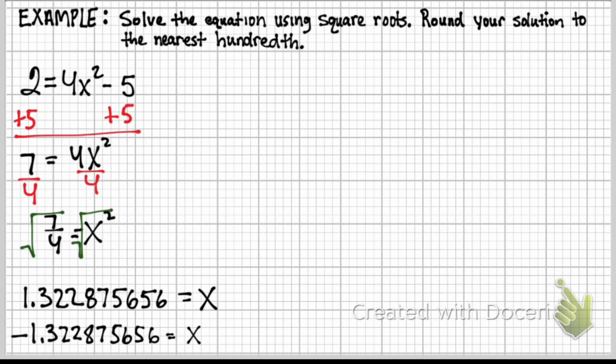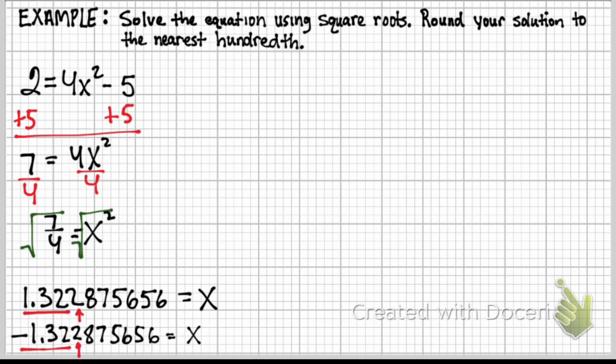Now, in the directions, it says that we need to round those solutions to the nearest hundredth. So that means we need to keep 2 decimal places. So we're going to keep that much of the positive version of our answer and that much of the negative version of our answer. Now, when you're rounding to the nearest hundredth, you need to look at the 2 that comes to the right of the hundredths place.